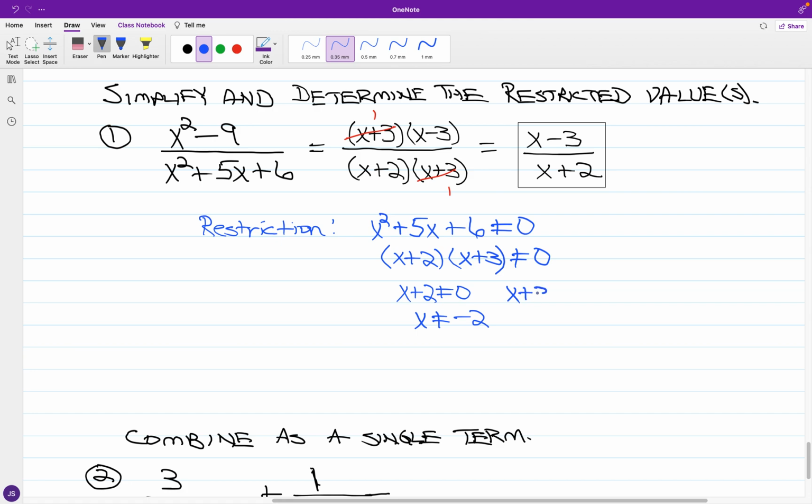As for x plus 3, if this cannot be 0, we have that x cannot be negative 3. And so the restricted values are negative 2 as well as negative 3.